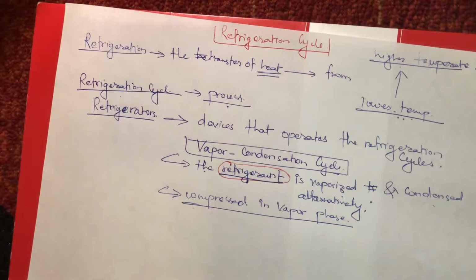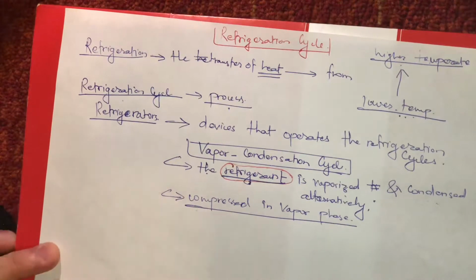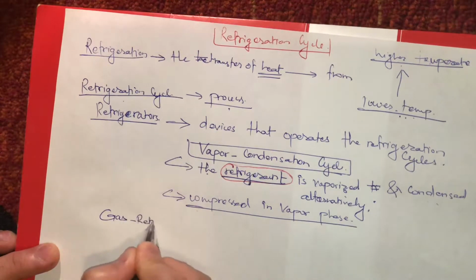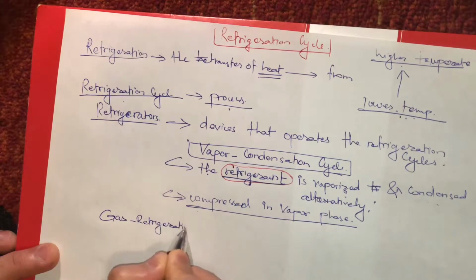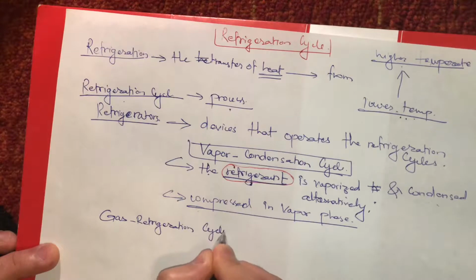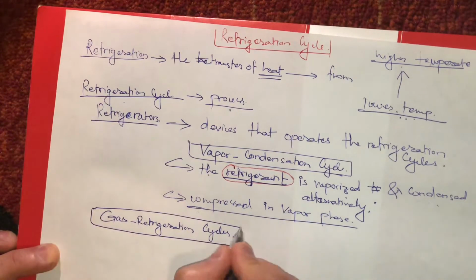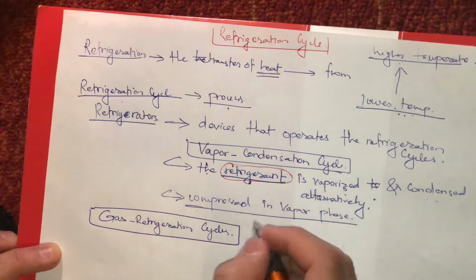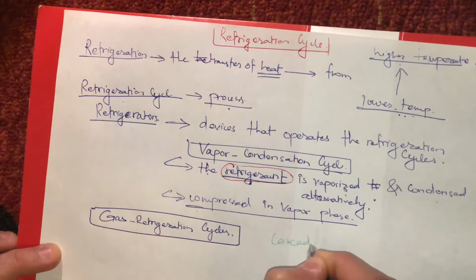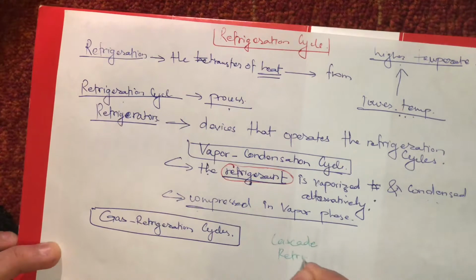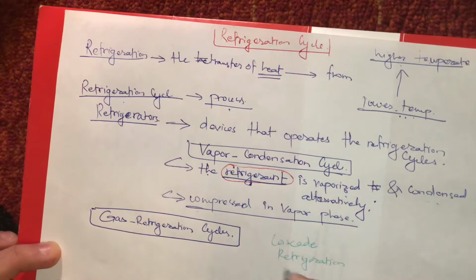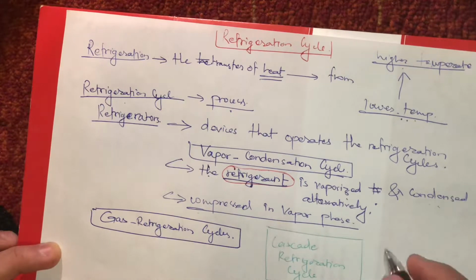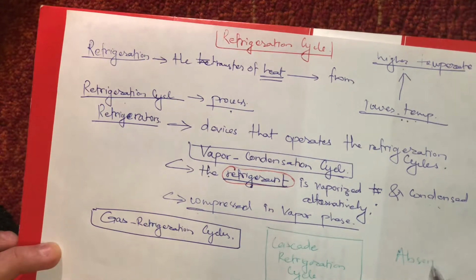If we look at some other cycles, we also have gas refrigeration cycles, cascade refrigeration cycles, and also the absorption cycle.